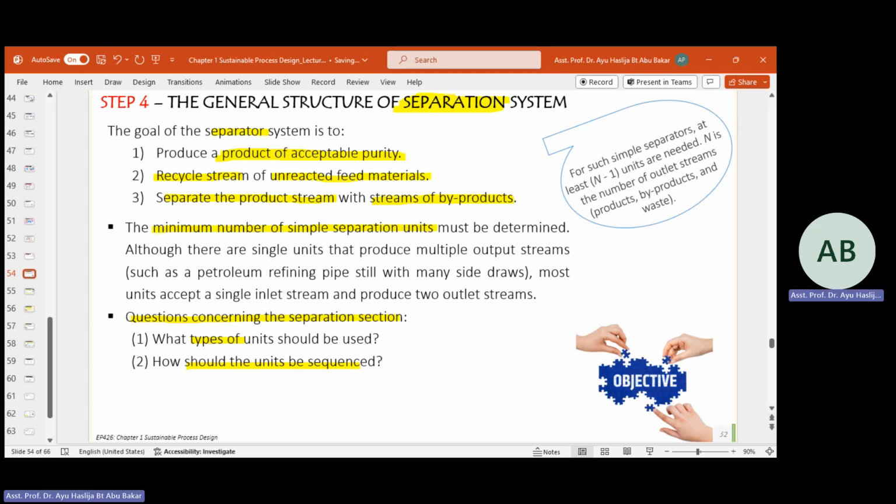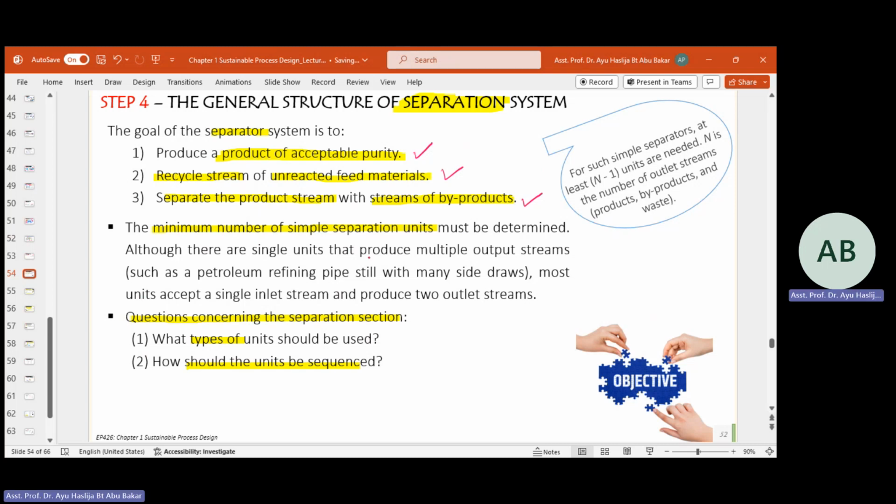The goal of the separator is to produce a product of acceptable purity, recycle the stream of unreacted feed materials, and separate the product stream from the streams of byproduct. There is no reaction involved in the separator.